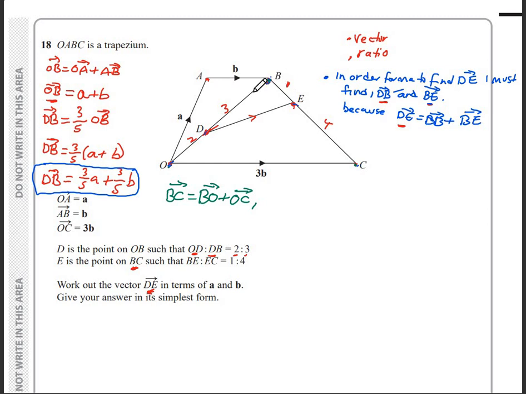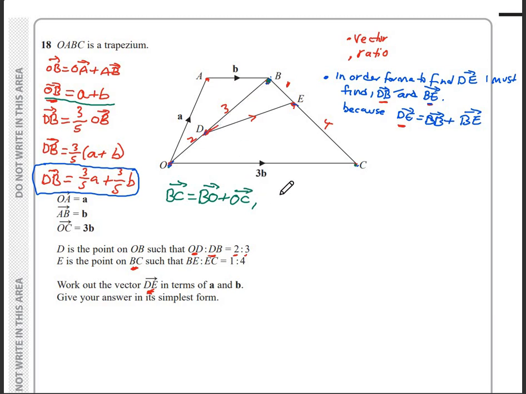So we want to find BO now. Notice that BO is the opposite of OB, right? And we found what OB is here. OB equals A plus B. So BO, since it's the opposite direction of OB, must be the negative of OB.